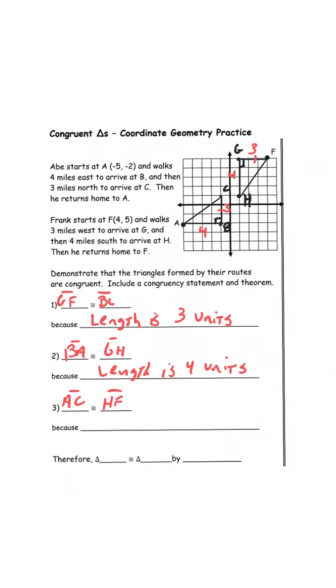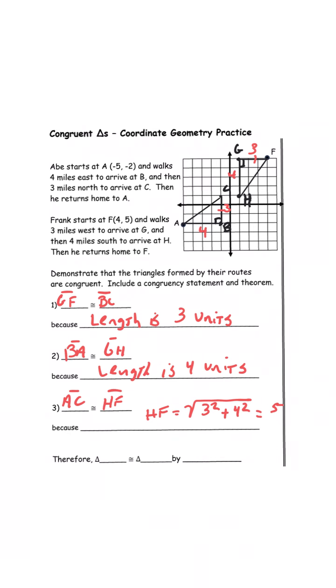If I do this length, HF is equal to the square root of 3 squared plus 4 squared. That's going to be equal to 9 plus 16, so that's the square root of 25, which is equal to 5.